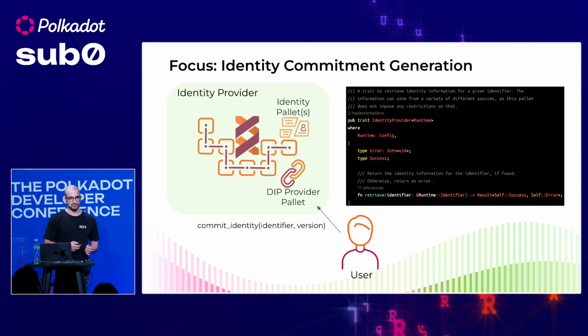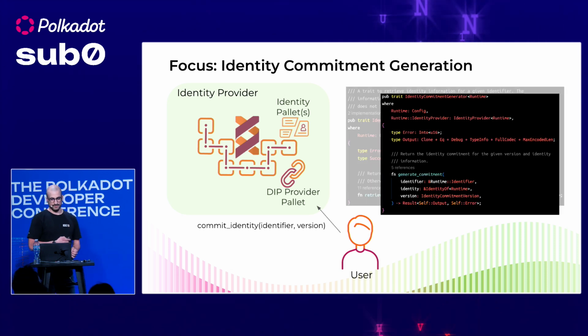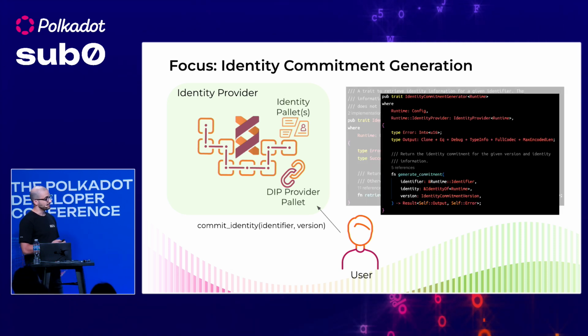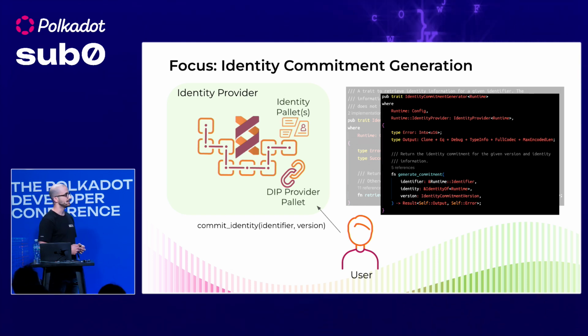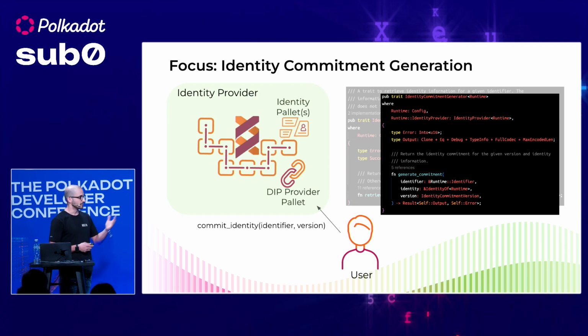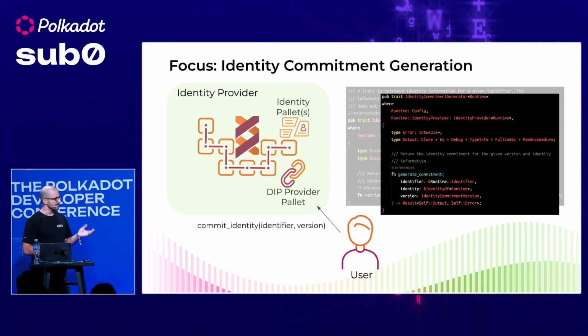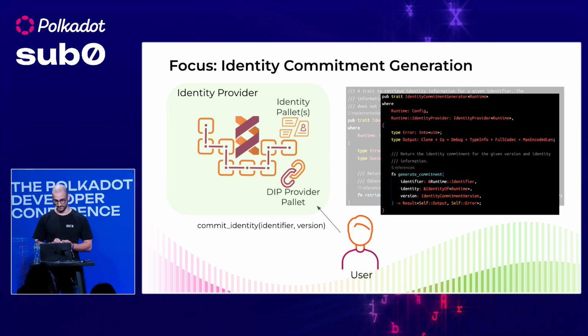This is up to the provider to specify these types. After the identity details have been retrieved, the identity commitment generator trait takes this as input and provides some sort of output for a specific identity commitment version. This is, again, specified by the provider runtime, and the protocol makes no assumption about it.